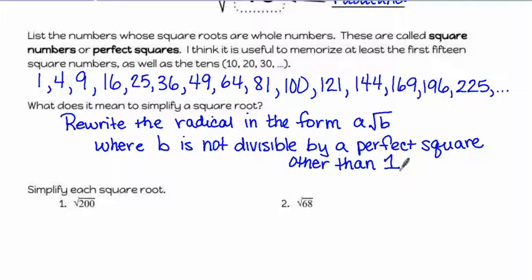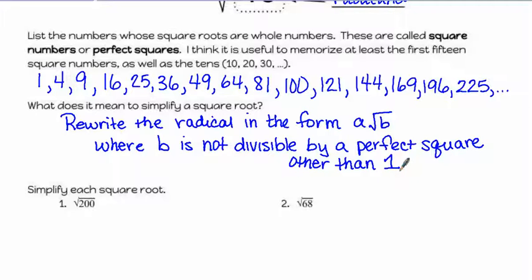So the question becomes, how do we get from this square root that we've been given, as in number 1, the square root of 200, how do we get that simplified? You want to look at that list of perfect squares, 1, 4, 9, etc. Look at that list and find the largest number on that list that will evenly divide the radicand you're given.